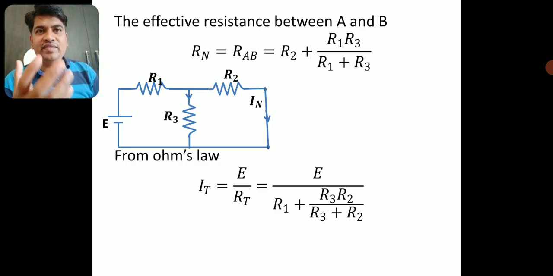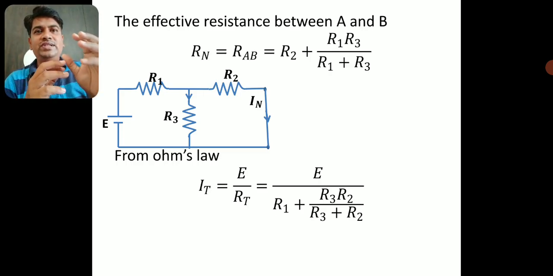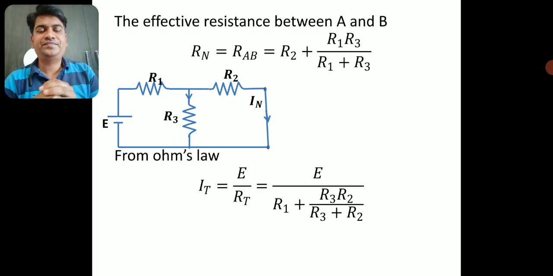Alright, after finding this effective resistance, the Norton resistance, let us find the Norton's current. I have told you that this is the short circuit current across the load terminals A and B. Now the A and B terminal is shorted, and I am looking at the current flowing through the load terminal, which I am calling IN.